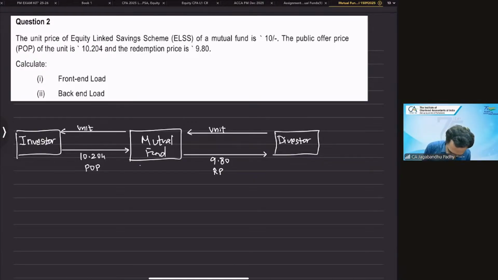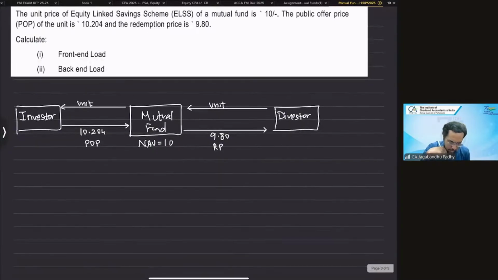The mutual fund has units with a NAV of 10 rupees. So the investor is going to buy a 10 rupee unit at a price of 10.204, and the same 10 rupee unit will be redeemed from the divestor at a rate of 9.8.